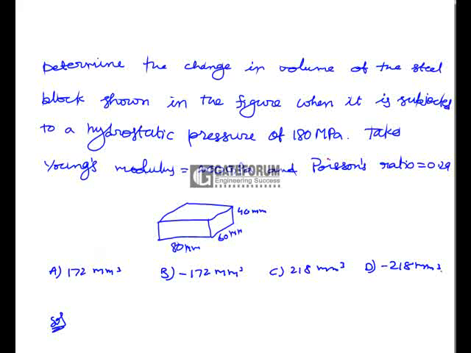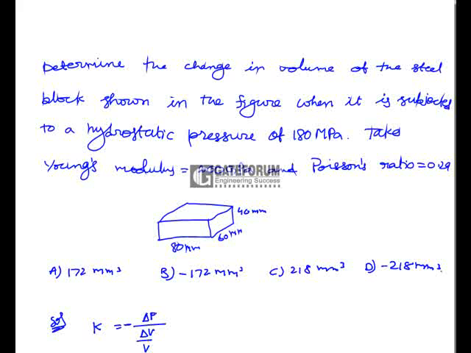That means it is subjected to a compressive stress of 180 megapascal from all the sides, from x direction, from y direction, from z direction. So in this case we will have to find out the modulus of compressibility, that is also called bulk modulus, and is given by delta P by delta V by V with a minus sign.